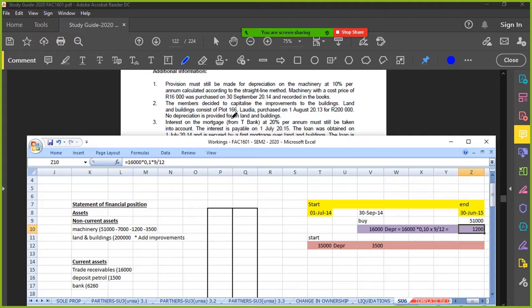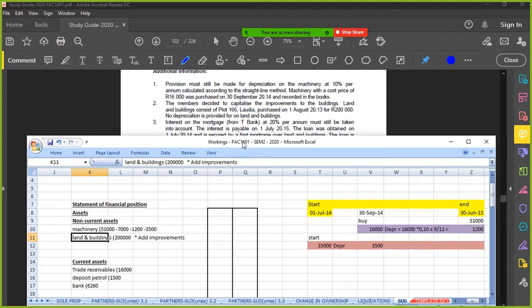No depreciation is provided for on land and buildings, in line with IFRS. Because this was prior to the financial year, the improvements were capitalized but not recorded as part of it. So we need to add it to the land and buildings.